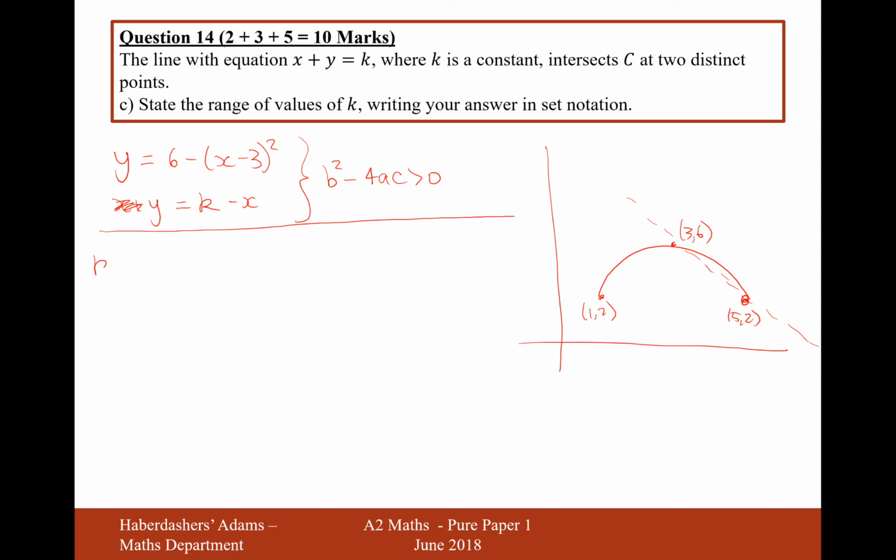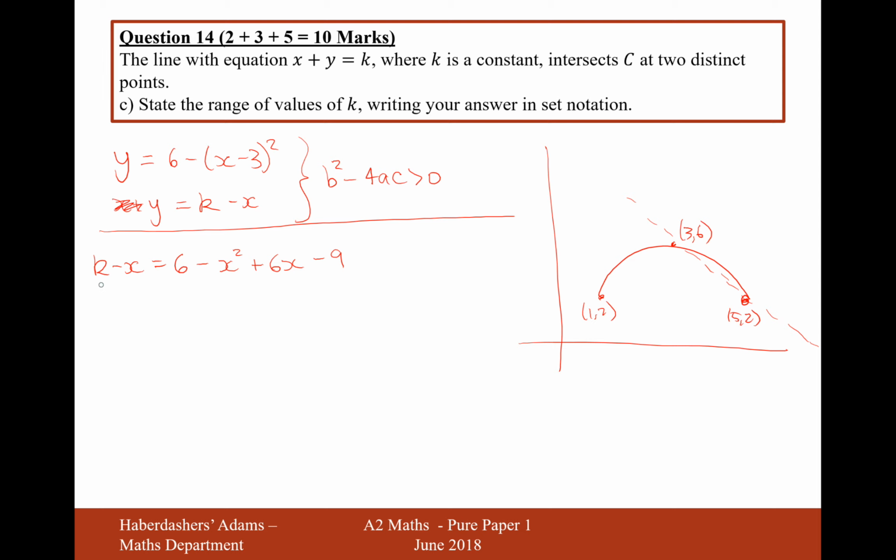So it's going to be k minus x equals 6 minus, and now I'm going to expand the brackets on the right hand side here, x squared plus 6x minus 9. Pretty sure that's what it will equal.